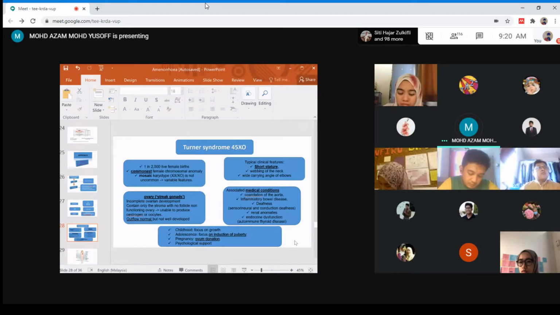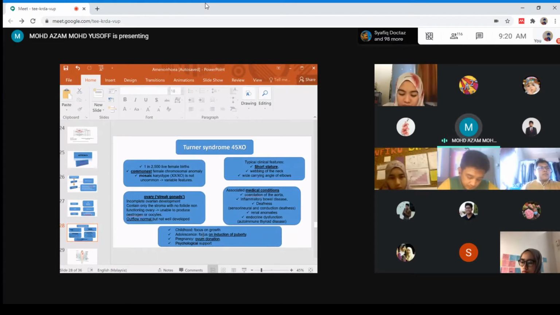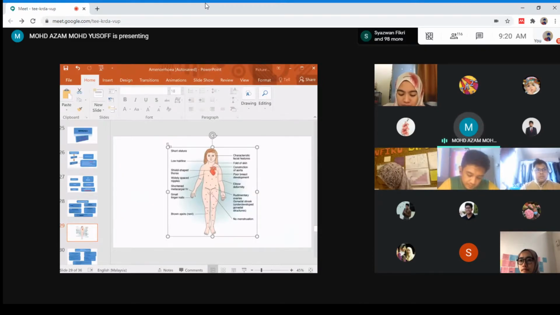And of course there should be psychological support, because it is an abnormal issue and she needs time to integrate into society. So this is Turner syndrome.